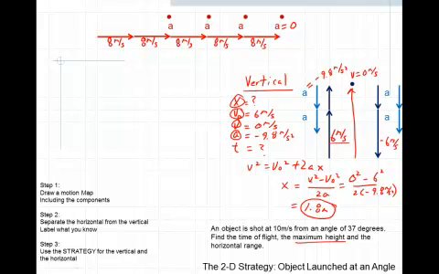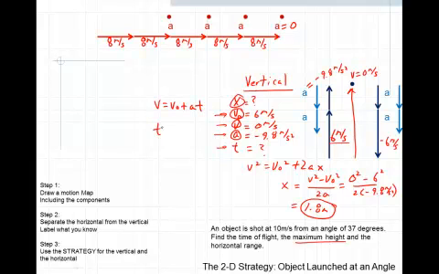Now let's find the time of flight. The time of flight we know we can find because not only do we have this maximum height of 1.8 meters, we have the initial velocity, the final velocity, the acceleration, and the time. So we can therefore solve for the time using this equation: v is equal to v initial plus at.